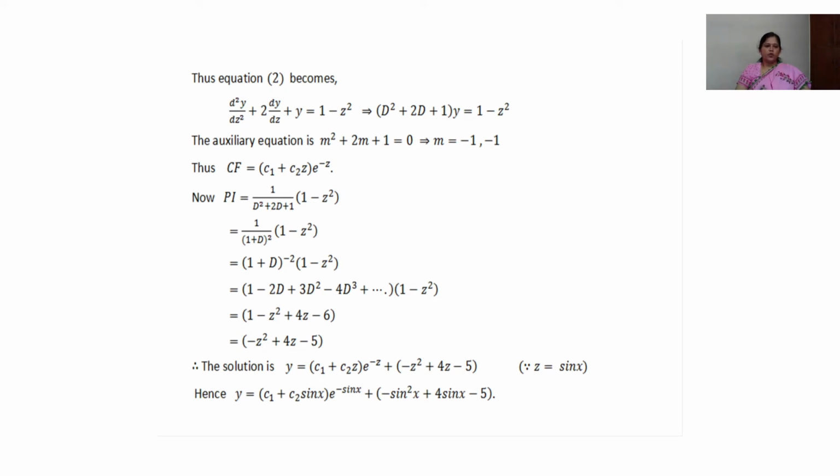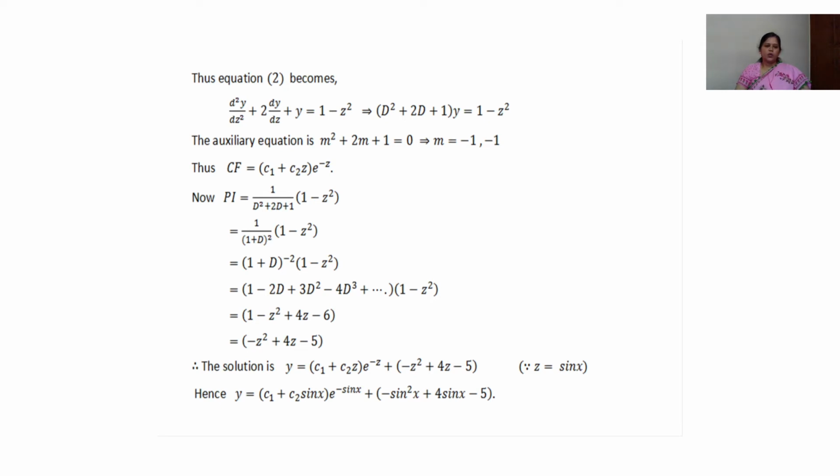Now we will go for the particular integral. PI is equal to 1 over d square plus 2d plus 1, into 1 minus z square. So again we have an algebraic function, and again we have to use binomial expansion for this. The denominator d square plus 2d plus 1 we can write as 1 plus d whole square.